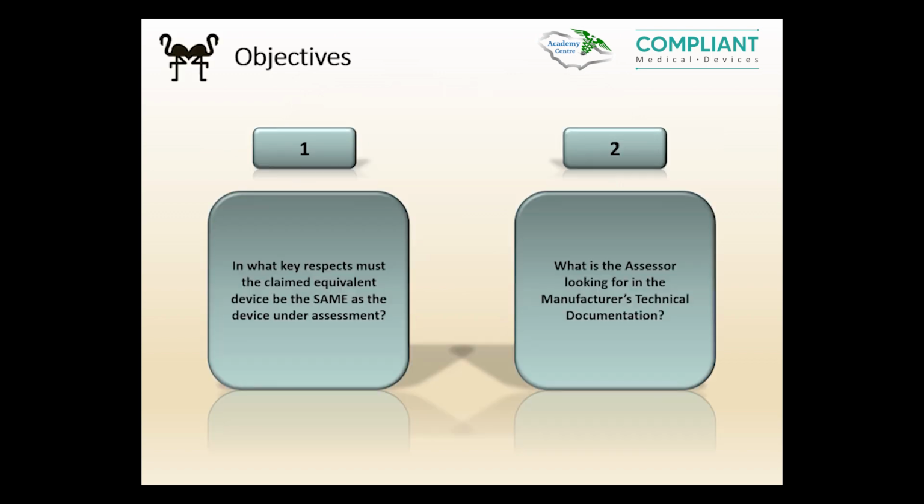We will consider the ways in which the claimed equivalent device must be the same as or very similar to the device under assessment. We will also go through what an EU notified body assessor would be looking for within the manufacturer's technical documentation when it comes to clinical equivalence.